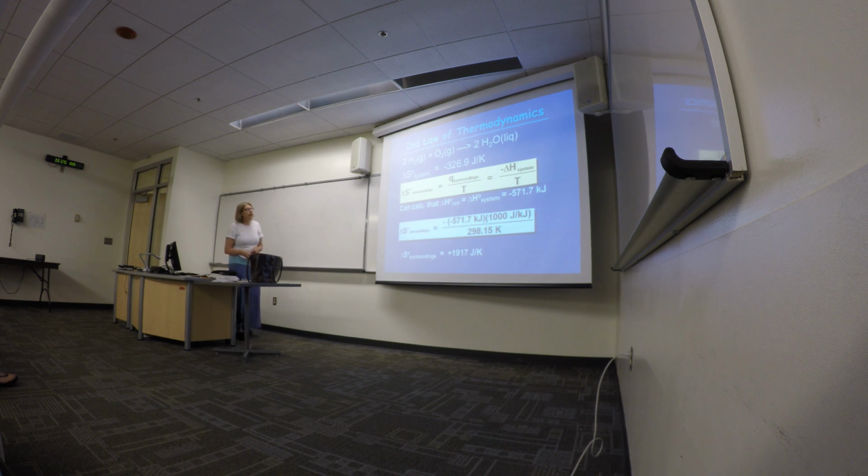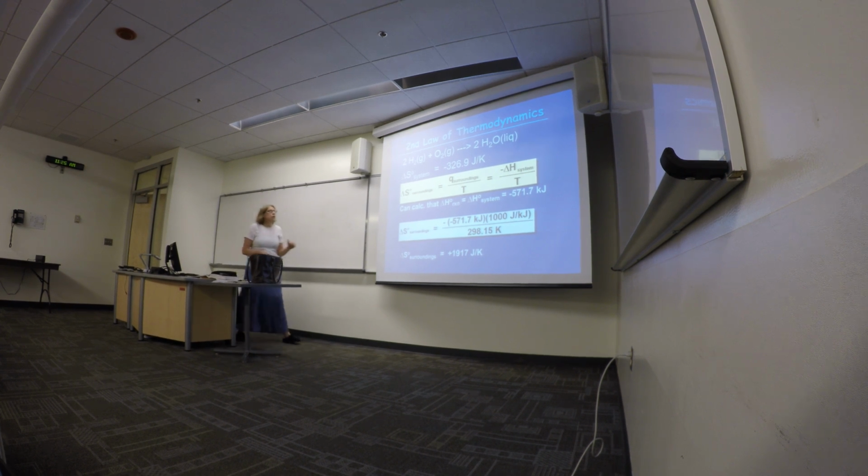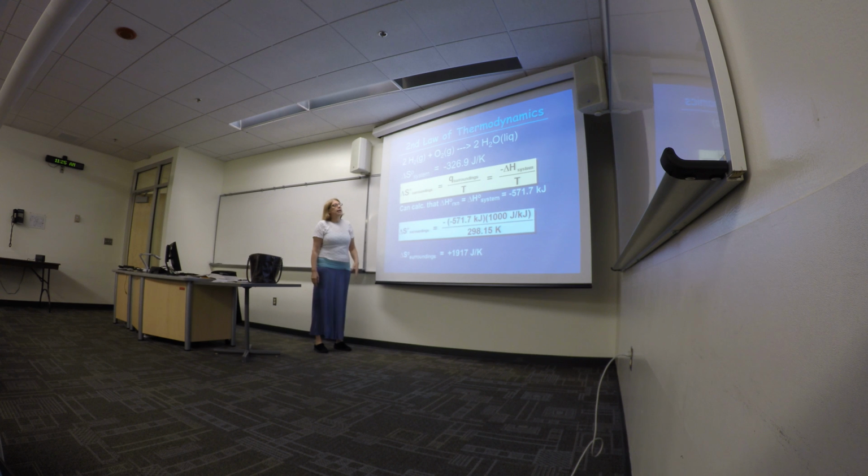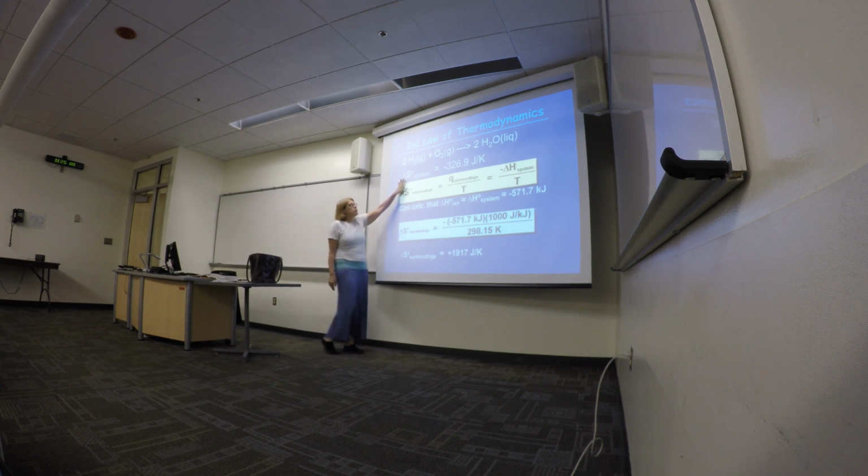All right, we're going to take a look at another set. If we were to look in the appendix, we could figure out that the change in entropy for the system is negative 326.9 joules per Kelvin.